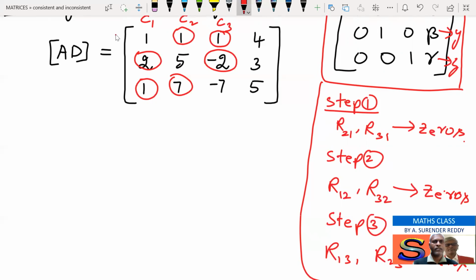This is R1, the first row, this is R2 and this is R3. Taking the help of R1, I'm writing all this rough work.